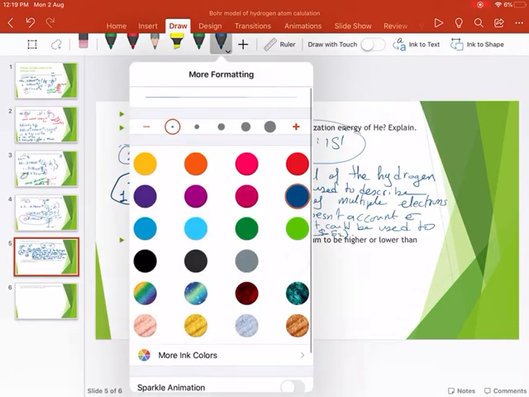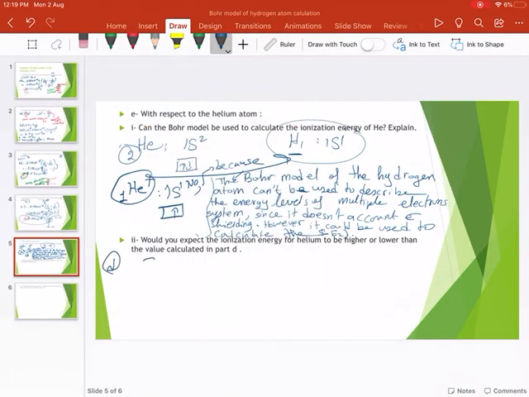The energy was 2.178 times 10 negative 18 joule. So would you expect the ionization energy for helium to be higher or lower than the value in part D? In part D, we are talking about hydrogen.